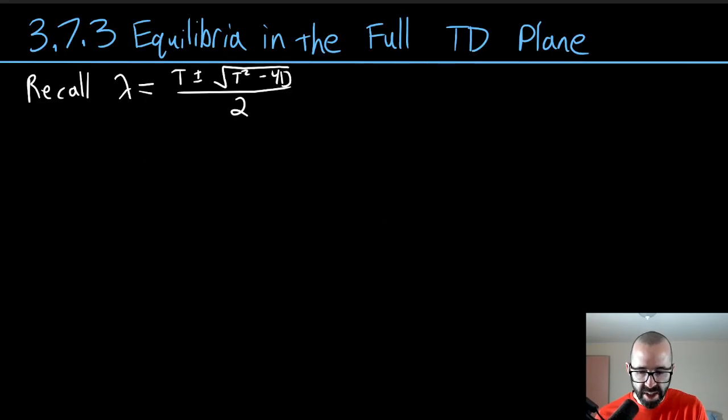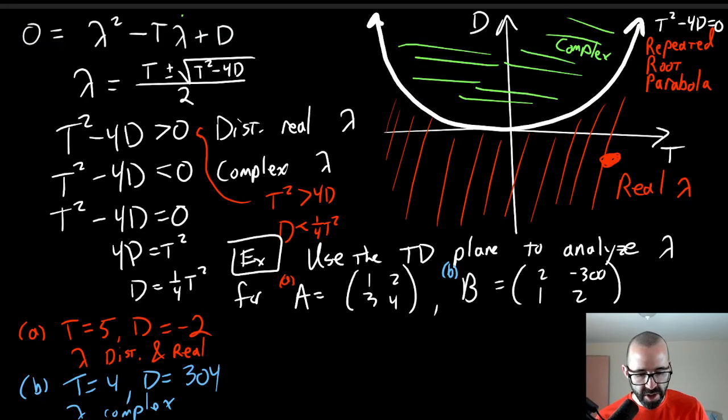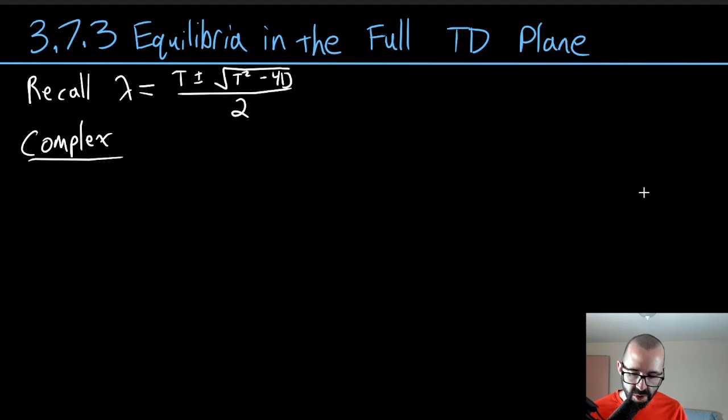So let's start with a complex solution. Complex is a little easier to start with, which I think I used green for in the last one. Maybe we can use green again. And I said that the real part of something that's complex is t over 2.